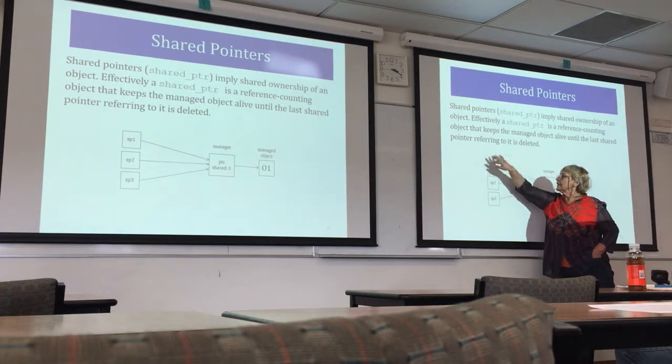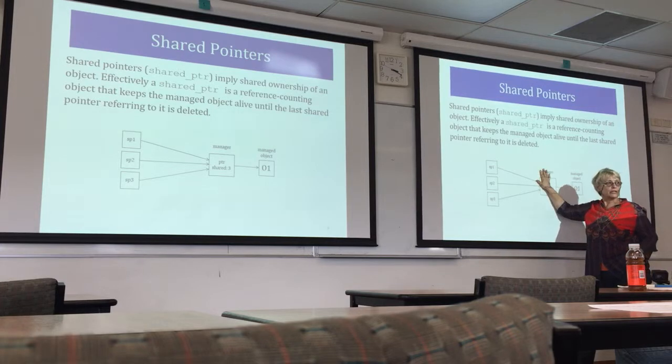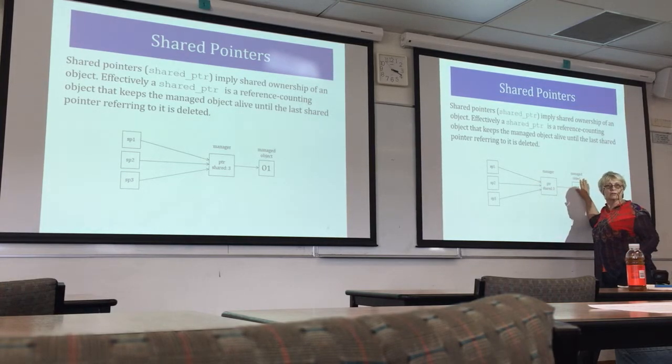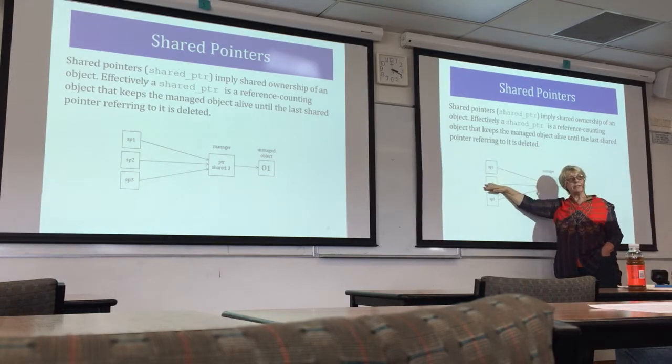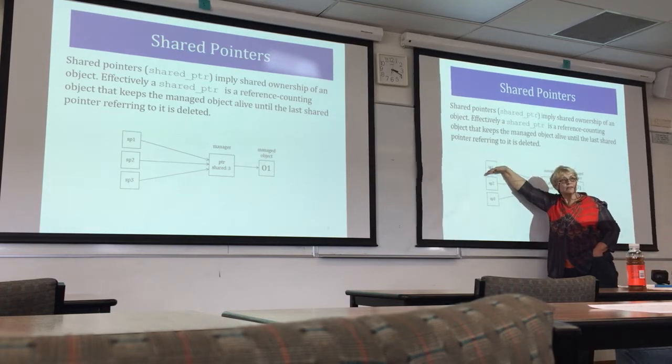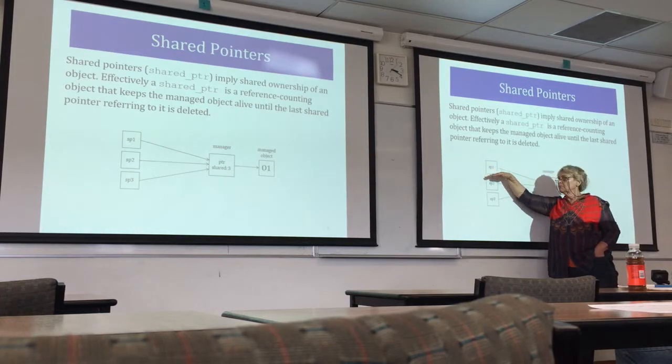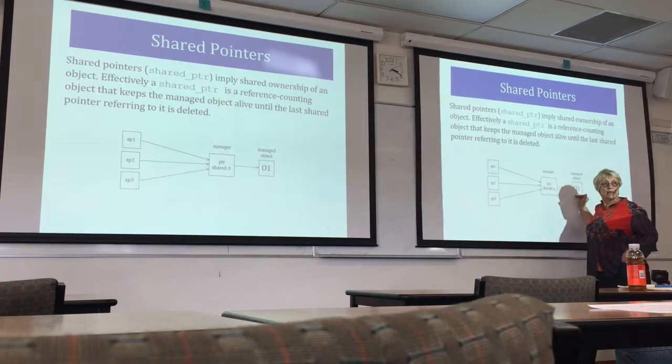So assume that we create this first share pointer, the manager is created and points to this object which is passed with new to this share pointer. When the next share pointer is created, and the rule is this has to be created from this, otherwise we are in trouble, because it is meant to point to the same object.